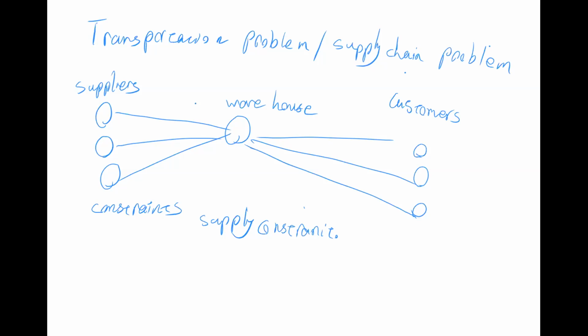Each of them can produce 100 units of Nike shoes. Let's say this one can produce 100, this one 100, and this one 50.